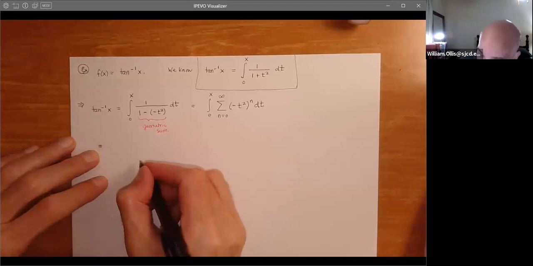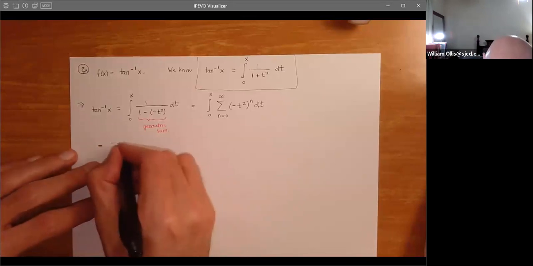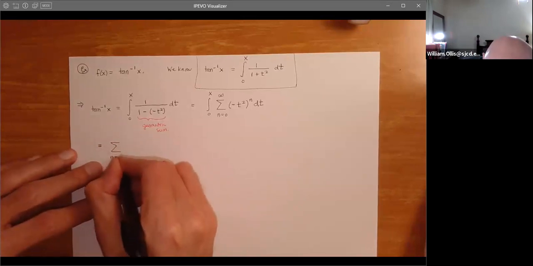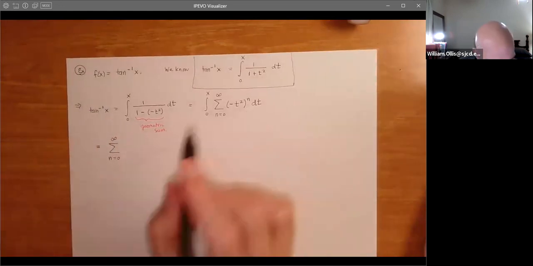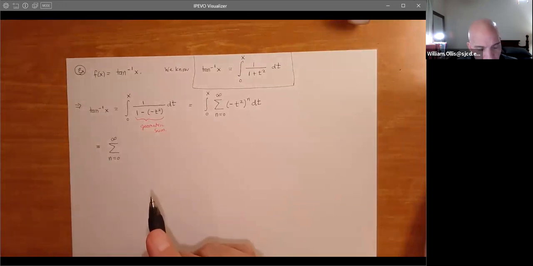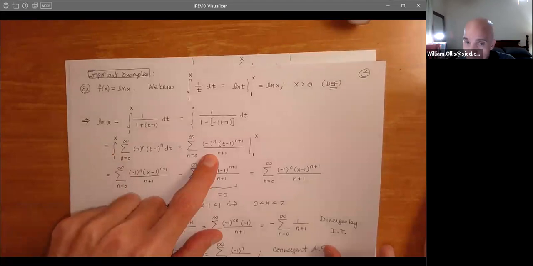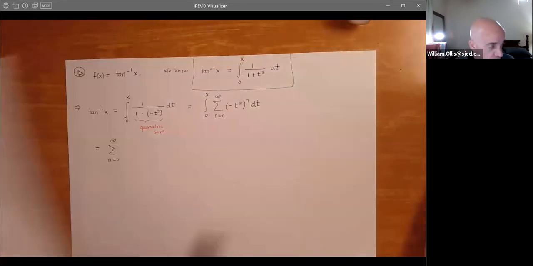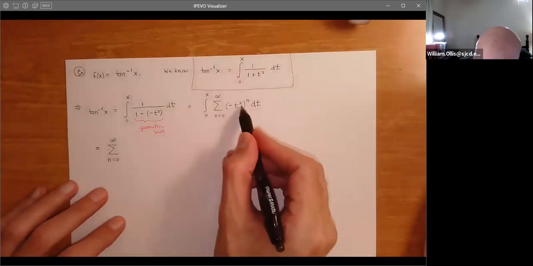Again, operating within the interval of convergence, which we assume is bigger than the empty set or 1 point. So now we have the series n equals 0 to infinity. So now we can look at this and say, okay, just like we did the last problem, we can integrate term by term. Now notice here, when we flipped, I went ahead and added 1 divided by the new power. We can do that again, or you can write the integral again. It's your choice. So now we integrate term by term.